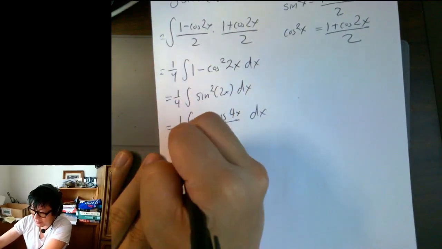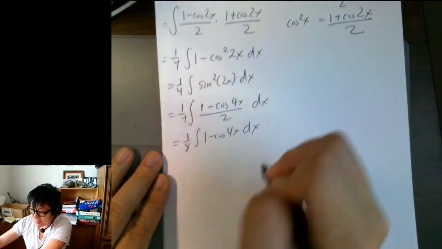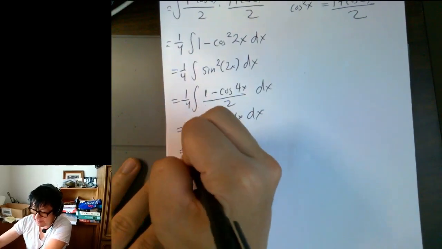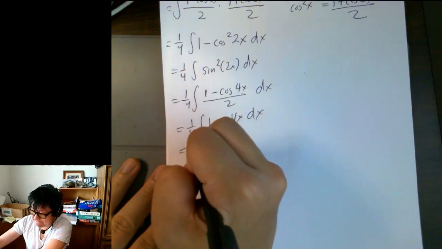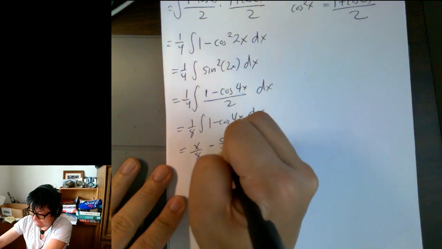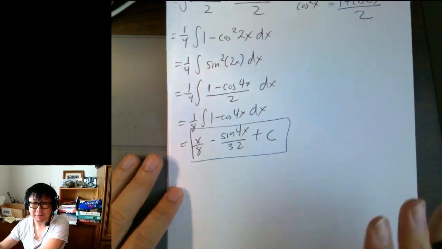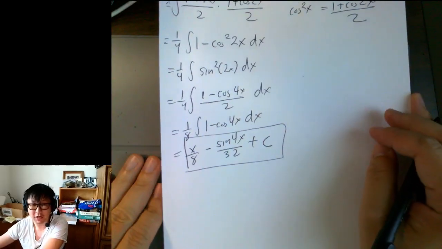Pulling out the 2 again. I have something that I can integrate now. So if they're both even powers, it's a little bit more work, but it's not terrible.